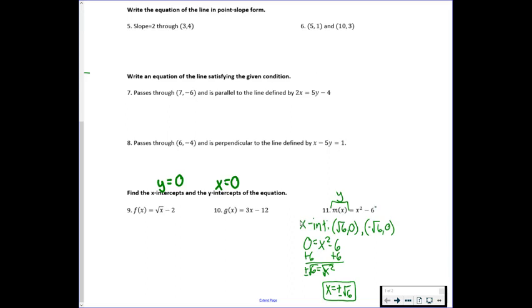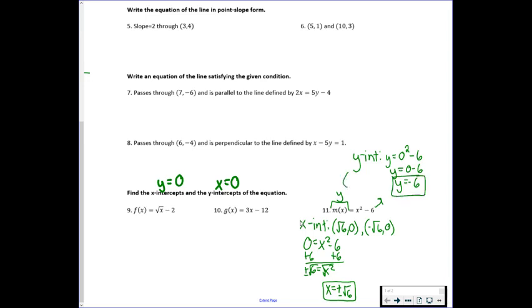I'm going to come up here and do the y-intercept, because I ran out of space down below. The y-intercept, I'm going to set x equal to 0. So y equals 0 squared minus 6. 0 squared is 0, minus 6 is negative 6.